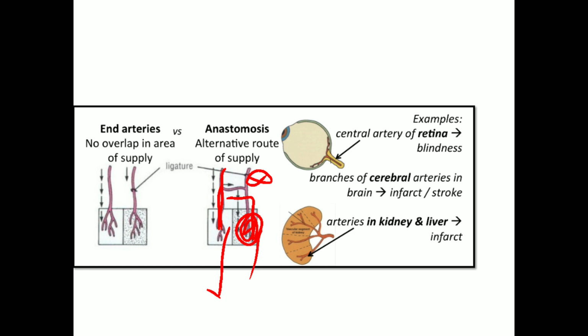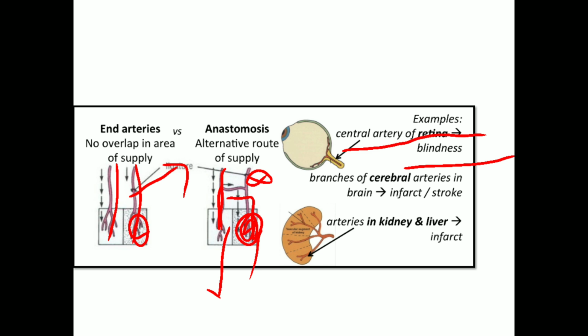But in this figure, you see that there is no anastomosis. So if there is damage to this artery, this region is devoid of blood supply and it will cause death of the cells or the organ. One example of an end artery is the central artery of the retina. If that artery is damaged, it will lead to blindness.